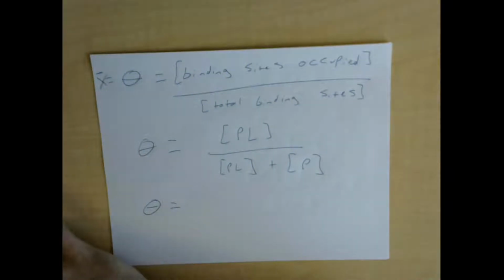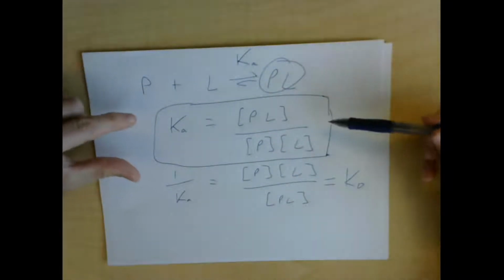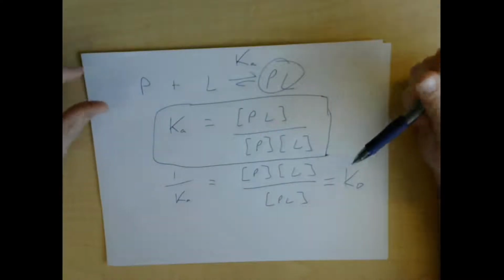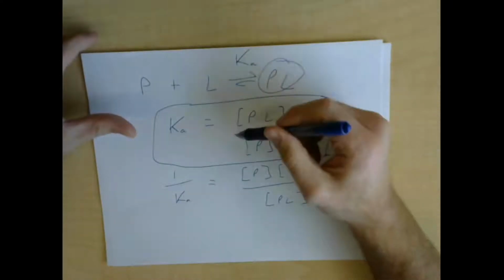If I remind you, my Ka term equals the concentration of PL over P times L. So what I can do is solve for PL.